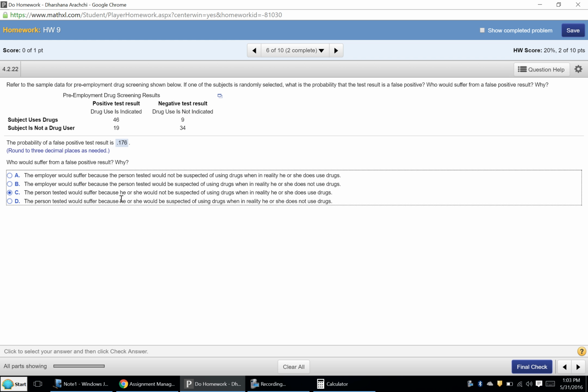So I think it's the person. It's sample data from pre-employment, so the person tested would suffer because he or she would be suspected of using drugs when in reality is not really using drugs. Again, the reason B is not the answer is because it's not the employer that is subjected to this testing. It's the potential employees, pre-employment. So it's the person, so it's D.